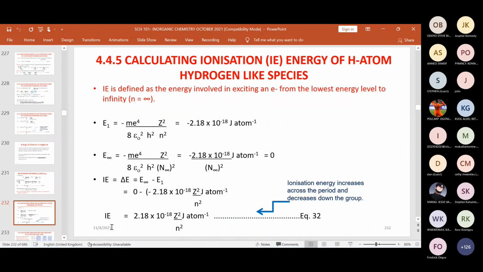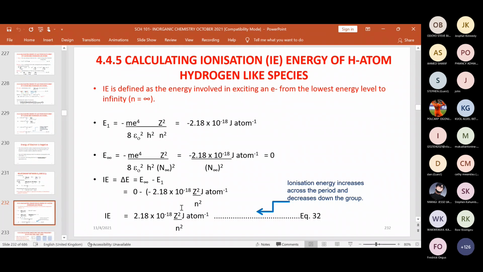So as you move from the left hand side of the periodic table to the right hand side, ionization energy will increase. You will require more and more energy to knock out an electron from the atom as you move from left to right within a period.